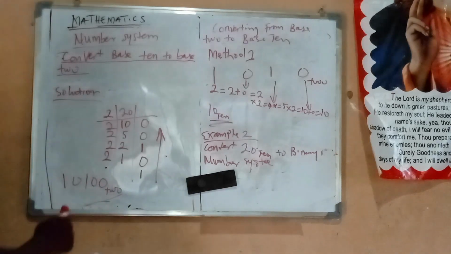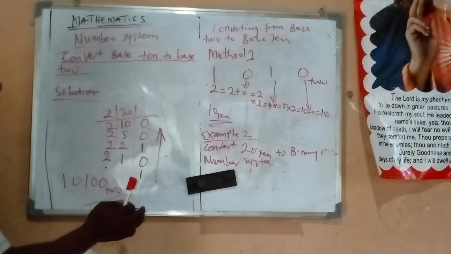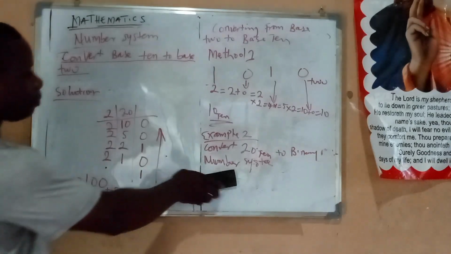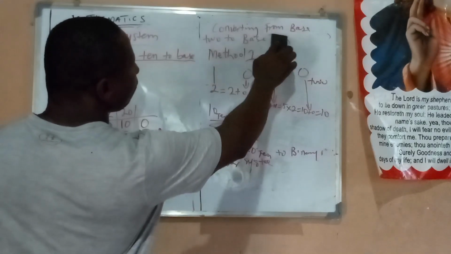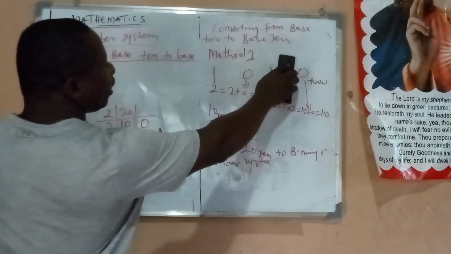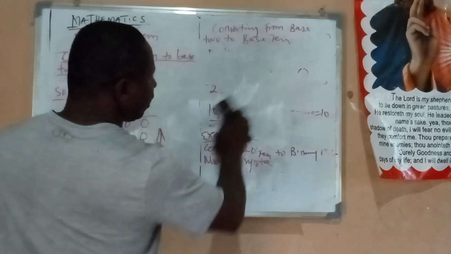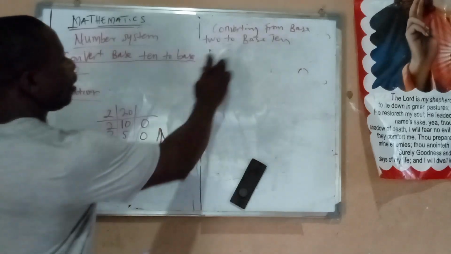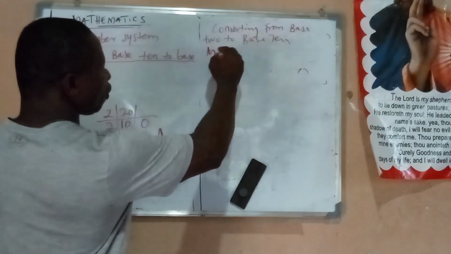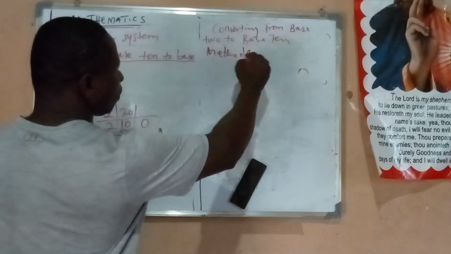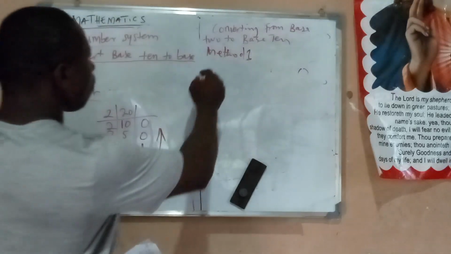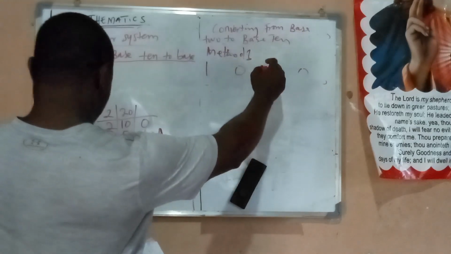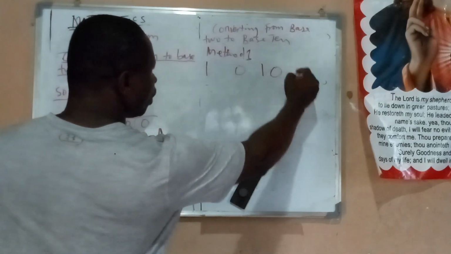Now we can also convert this back to base 10. It's very simple to convert. Let's look at it: convert from base 2 to base 10. I'm still using method 1, after which we use method 2. We have here 1, 0, 1, 0, 0.